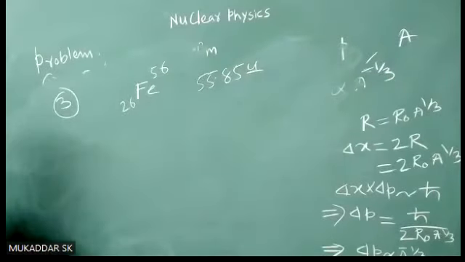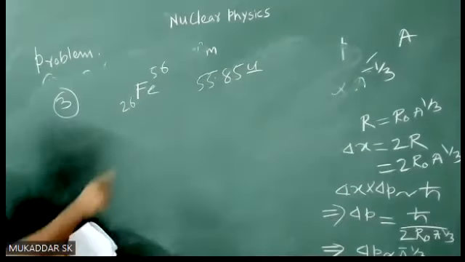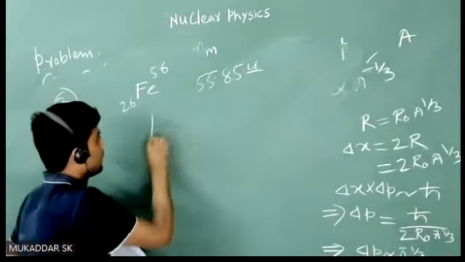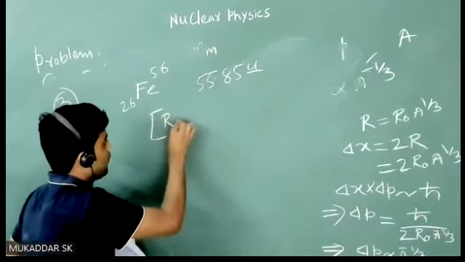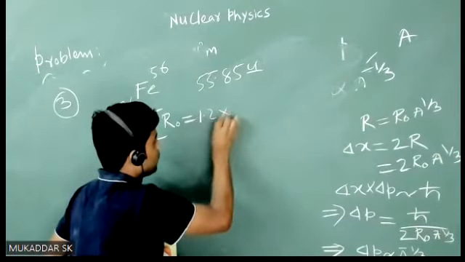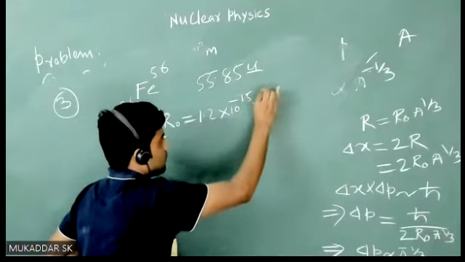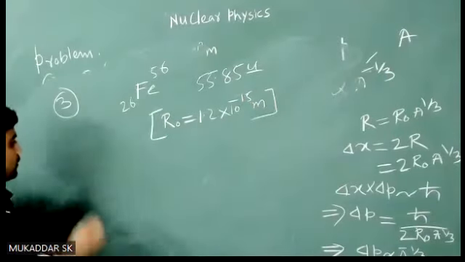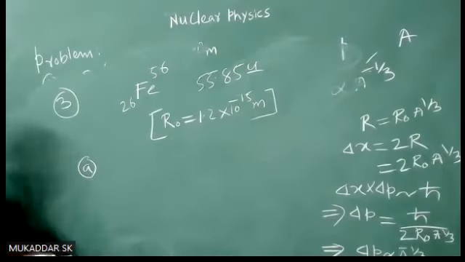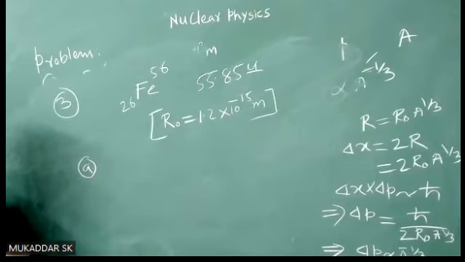Also, inside bracket they have given the value of R naught, and that is 1.2 into 10 to the power minus 15 meter. Then they have asked first question, find the radius of nucleus.